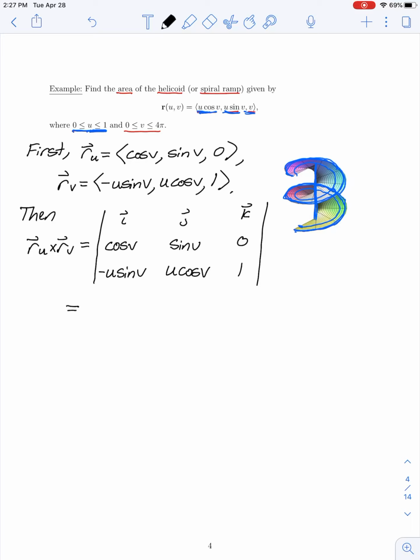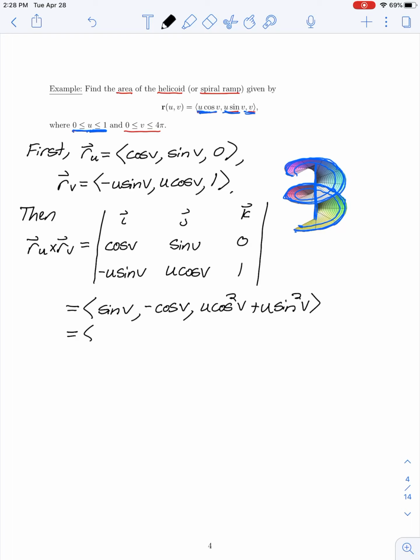So let's see what we get for our cross product here. For the i component, we have sine of v minus 0, so just sine v. For our j component, we have 0 minus cosine v, so negative cosine v. And for our k component, we have u times cosine squared v minus a negative u, so plus u, times sine squared v.